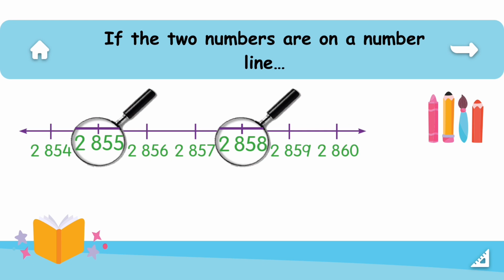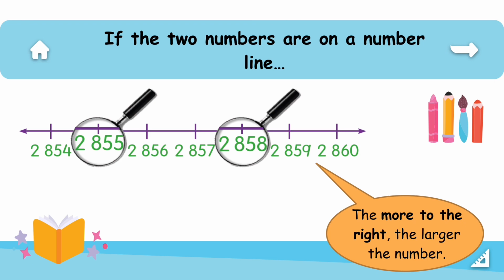This time, we need to compare 2855 with 2858. As you can see, both numbers are on a number line. For this case, the more to the right, the larger the number. That means, as we can see, 2855 is on the left and 2858 is on the right.